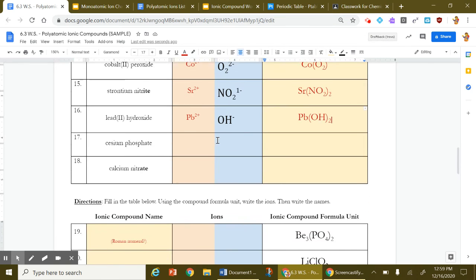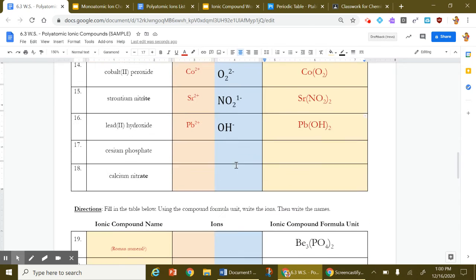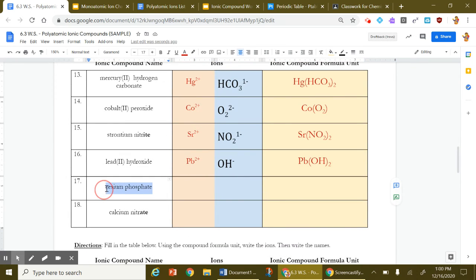All right, let me do one more here, and then I'll call this. All right, cesium phosphate. Oh my God, these are all +2s. This was poor planning on my part. All right, this is no longer cesium phosphate. This is going to be lithium phosphate. Okay, we'll do that.